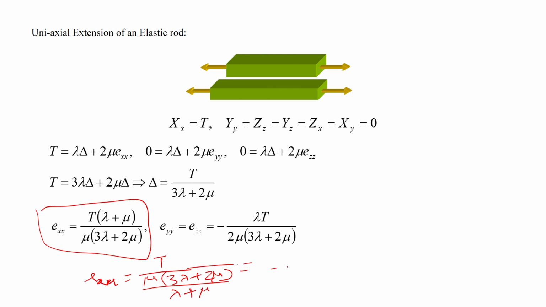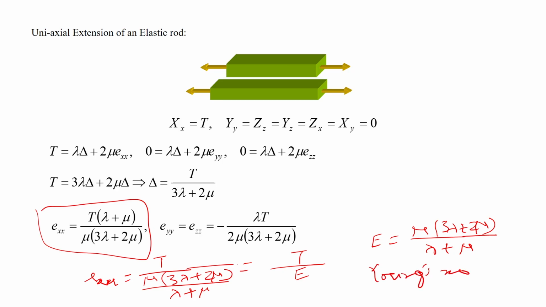So, this quantity, what is the denominator, is represented by E. So, E is known as the Young's modulus, and E is equal to mu into 3 lambda plus 2 mu by lambda plus mu. So, this is called the Young's modulus. You may have already heard of this particular term from your undergraduate days.